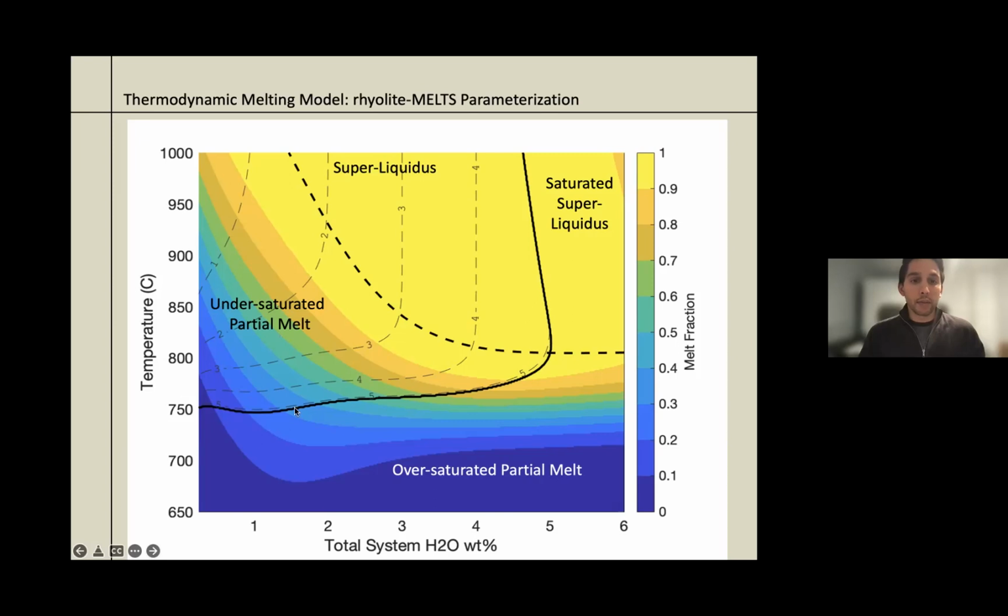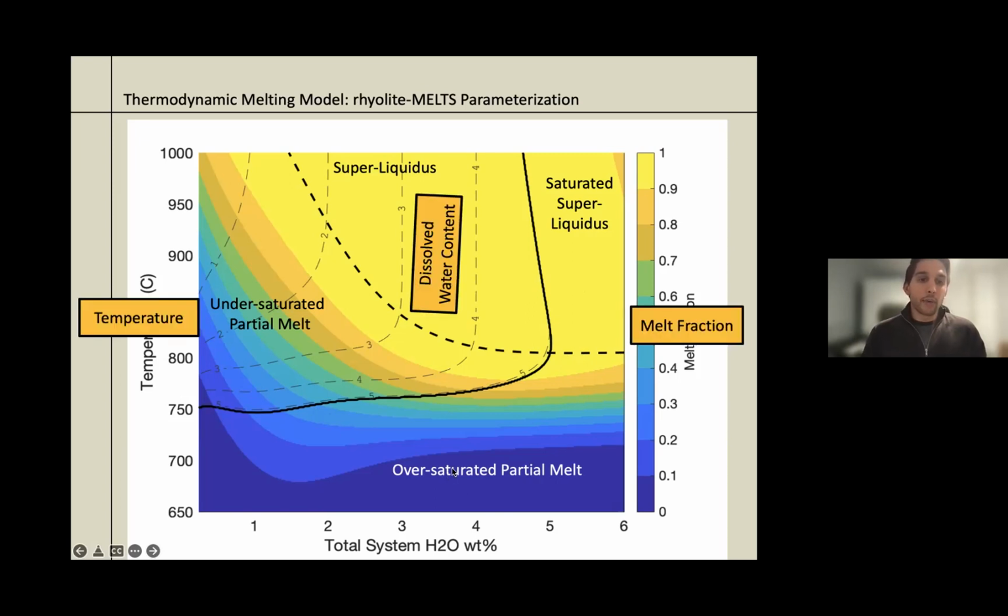And also as you decrease temperature, you end up getting more water into the melt as well. And then you hit the saturation, which at this particular pressure is around 5 weight%. And from then it's basically 5 weight% throughout the whole saturated regime, because all the extra water is getting dumped into this 3rd fluid phase, which is a free fluid phase.